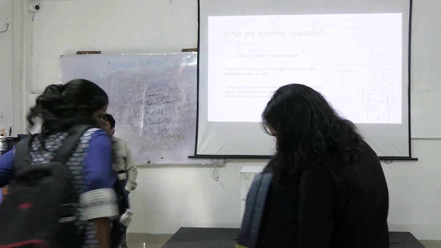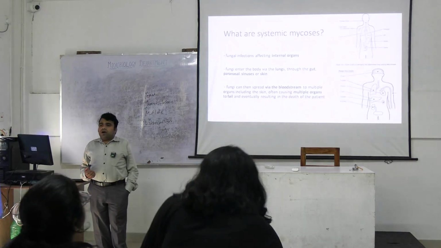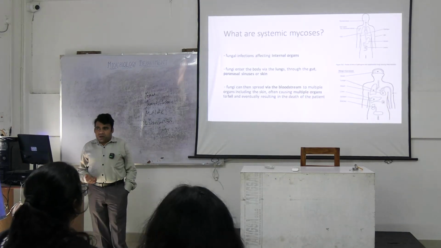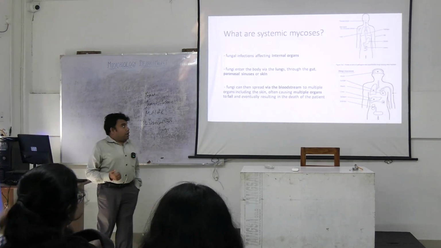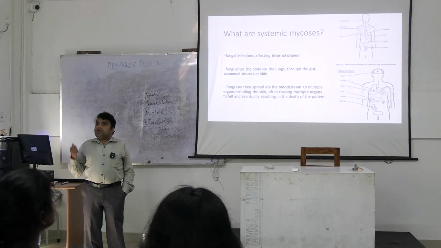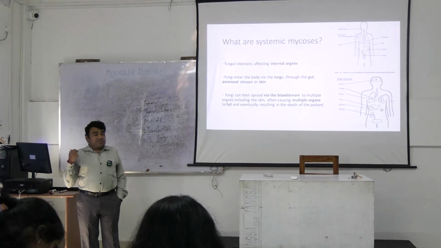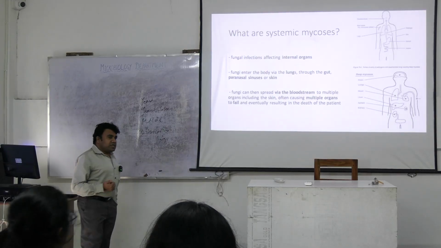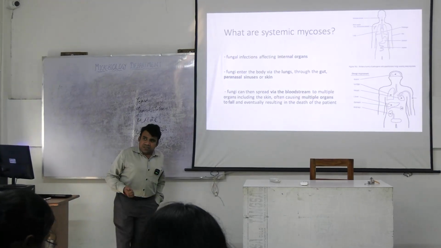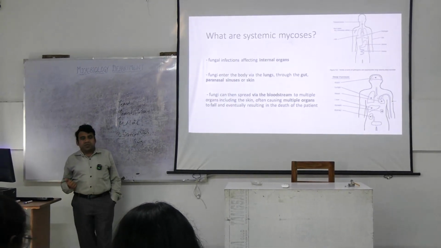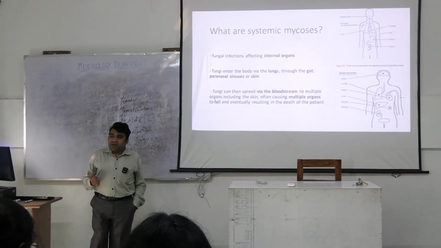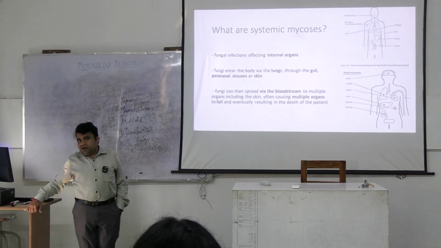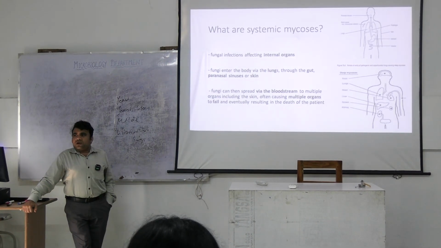If the deep tissues and organs are affected, we call it deep mycosis. So systemic mycosis means a fungal infection which affects the internal organs, and internal organs means any organ system including the cardiovascular system and the blood itself. So if a fungus is found within the blood, that is also part of it.